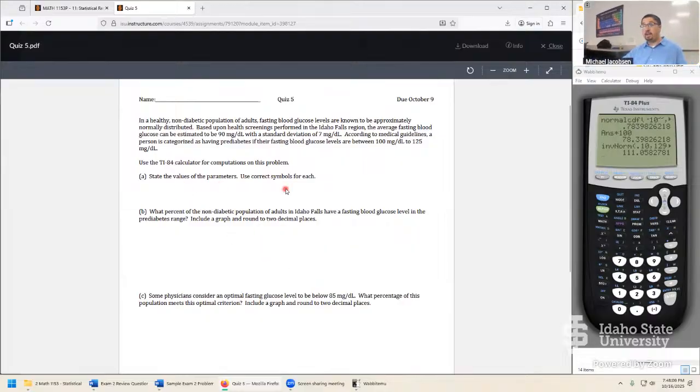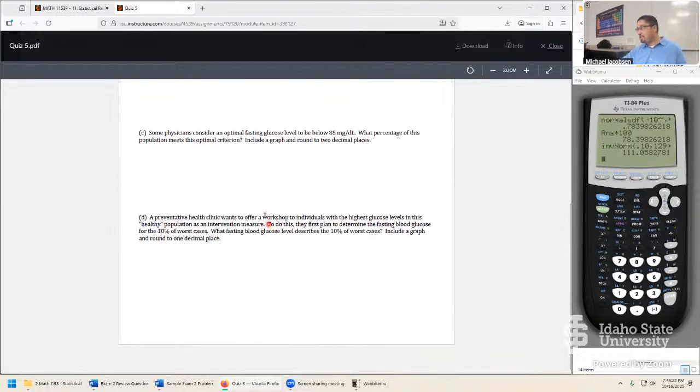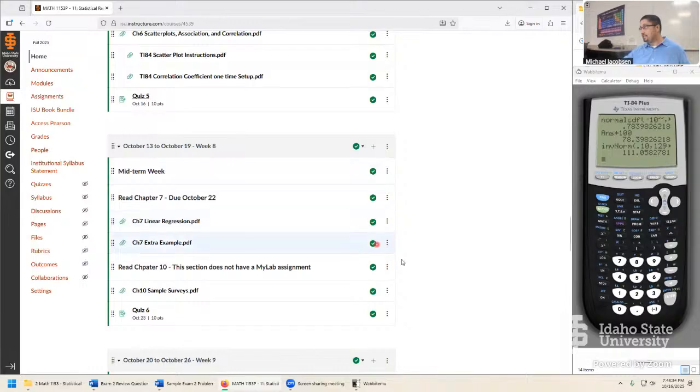We'll state the values of the parameters coming from the information above. What percent means use normal CDF. And it says here, what percentage? Again, it's a normal CDF problem. And when it says down here, 10% worst cases, this is now on the upper end, and we're just using inverse norm. So same type of questions as well on that quiz 5.